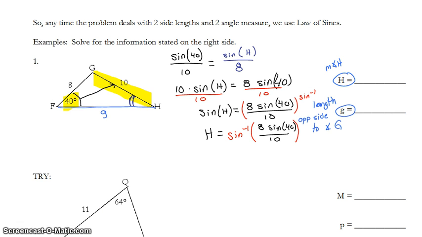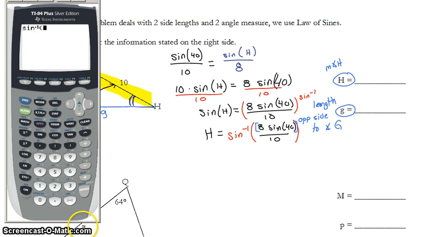Since I am using a fraction, I need to put the entire numerator in another set of parentheses. So I'm going to open up parentheses again and type in 8 times sine of 40.